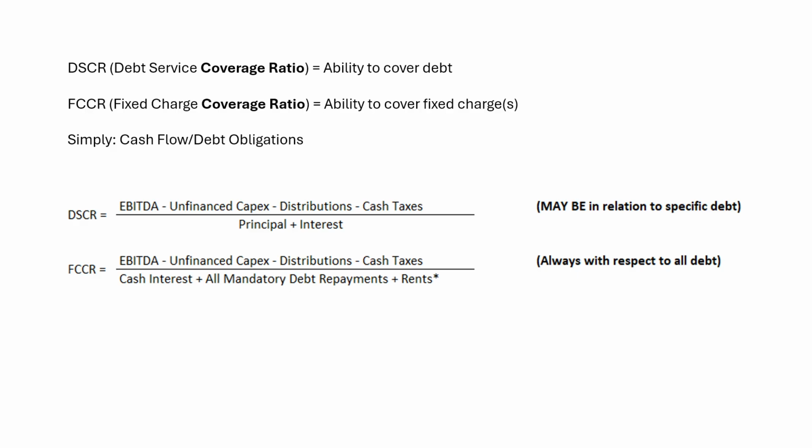But if I can guide your attention here to the simple part, all it is is a ratio between cash flow in the numerator over debt obligations or some kind of obligations in the denominator. That's all this ratio is. It's to measure whether you have enough cash flow.